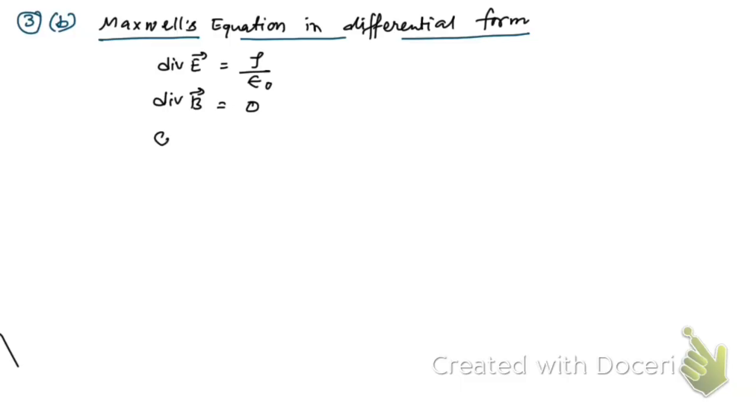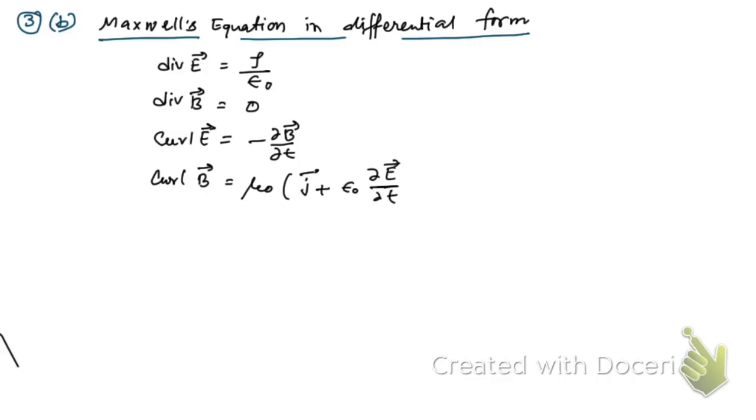Then curl, that is del cross E, also you can write curl of E, that is minus del B by del t, and curl of B you can write in terms of H as well, J plus epsilon naught del E by del t. So these are the four Maxwell's equations. This is equation number 1, this is equation number 2, this is 3, and this is 4.